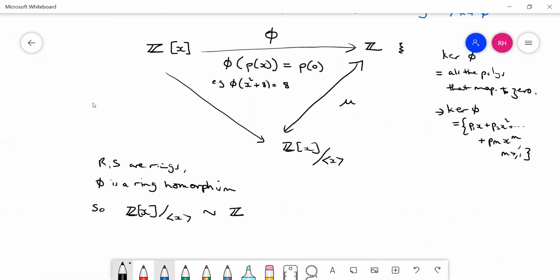Now, just to give you a little bit more intuition about this, what have we got here? We've got polynomials. I could write a whole lot of polynomials here, x squared plus 1, 0, 5, x cubed, and so on. So here are my polynomials.